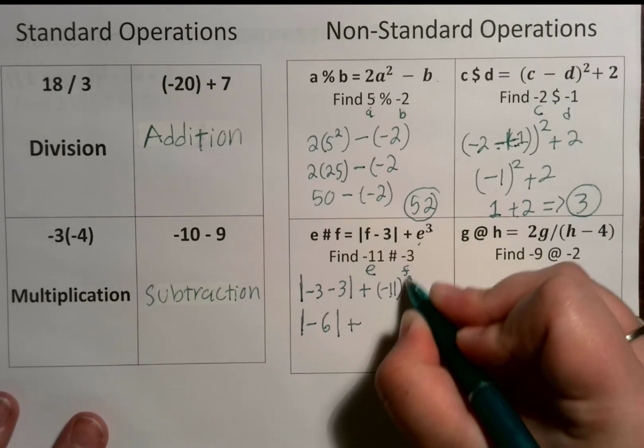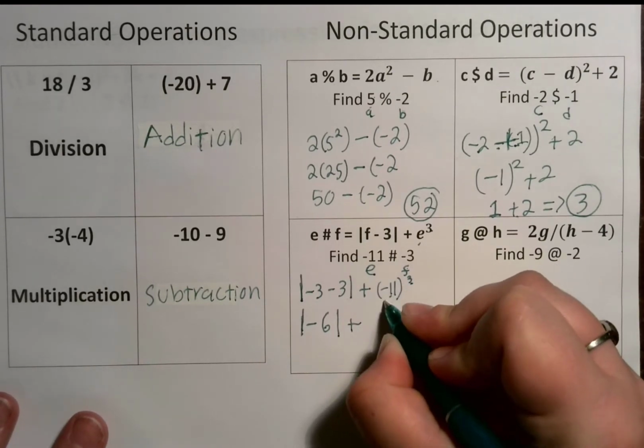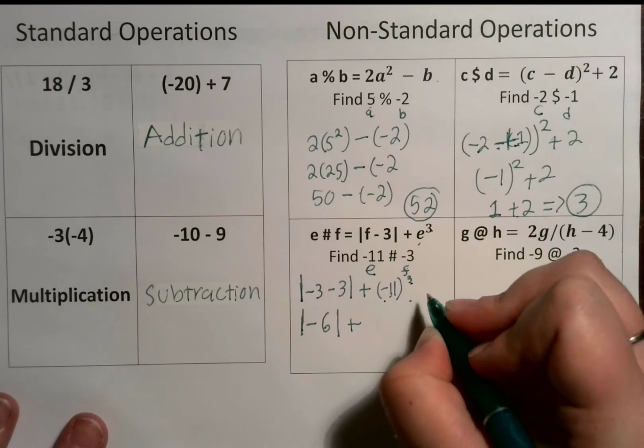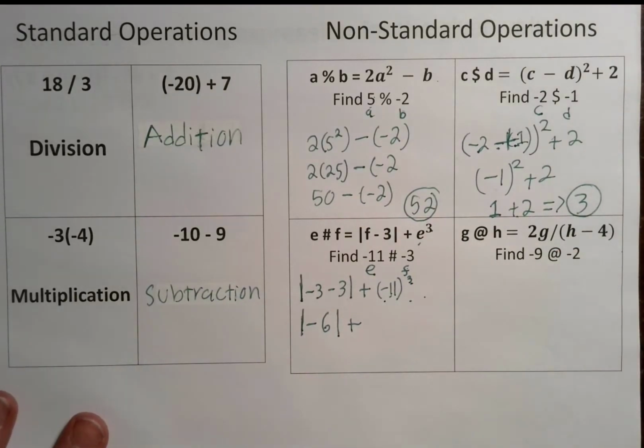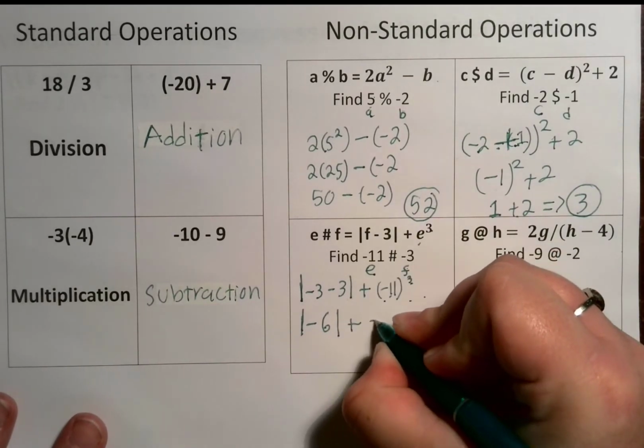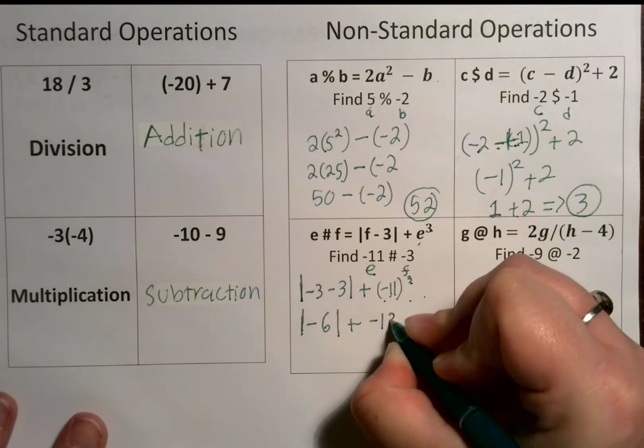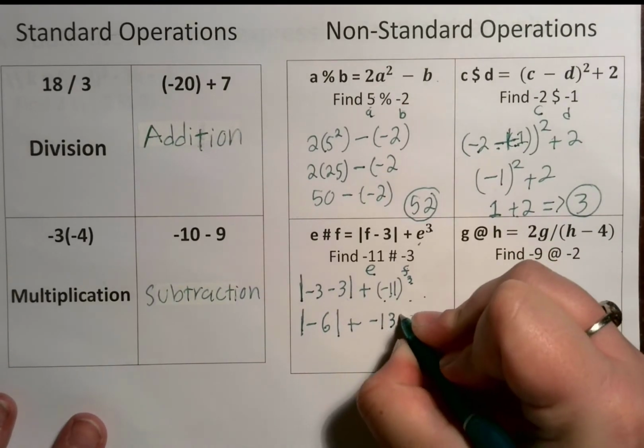This cubed here tells me I'm taking negative 11 times negative 11 times negative 11, which will be negative 1,331.